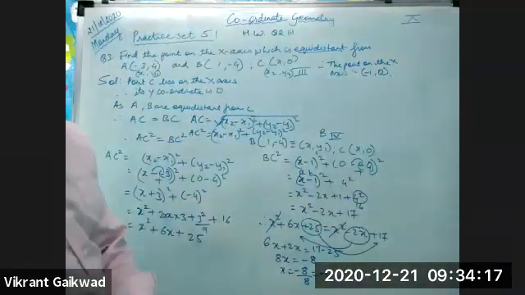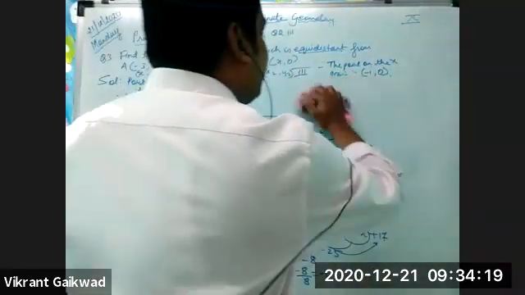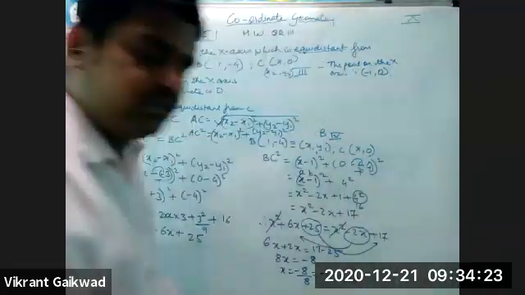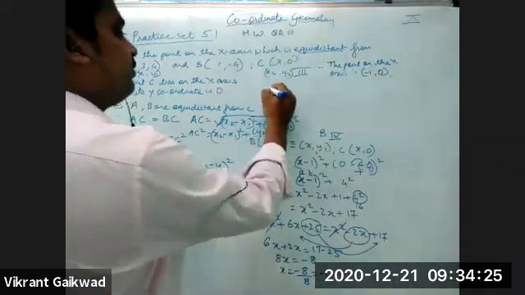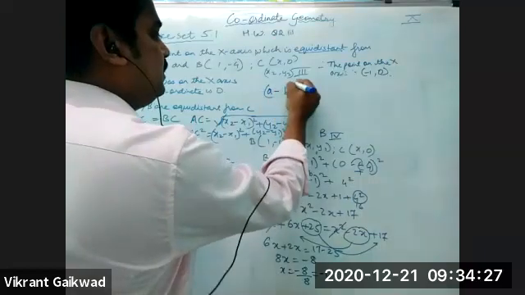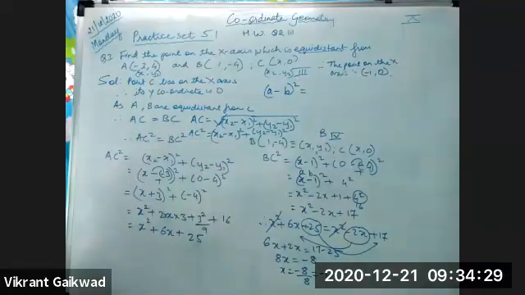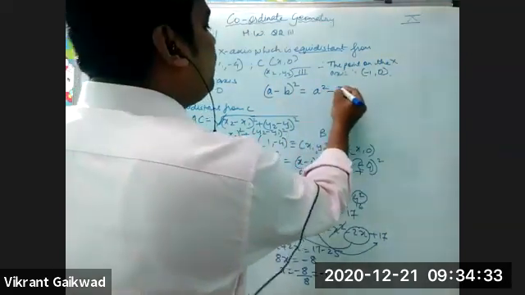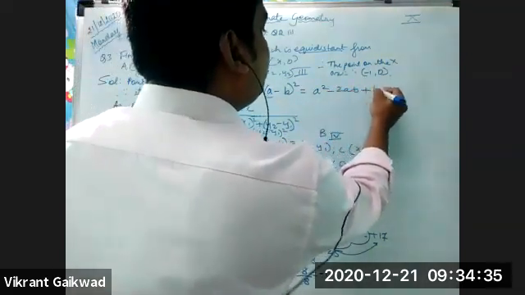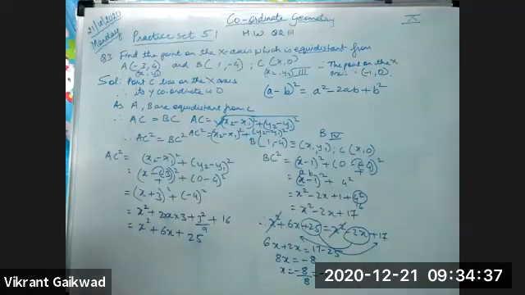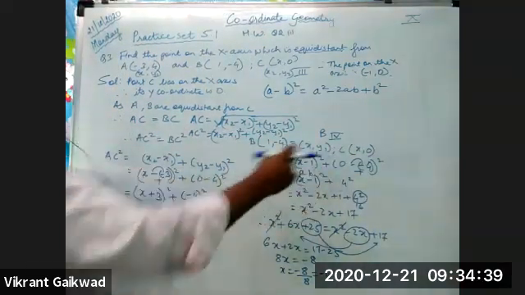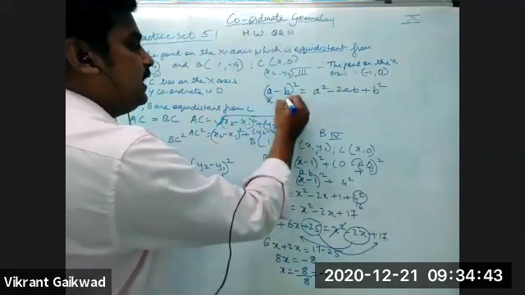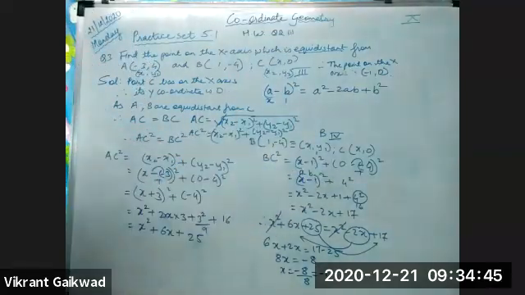What is the identity A minus B the whole square? Beta, come on, tell me. What is the identity A minus B the whole square? It is A square minus 2AB plus B square. So applying that identity, A is x and B is 1.